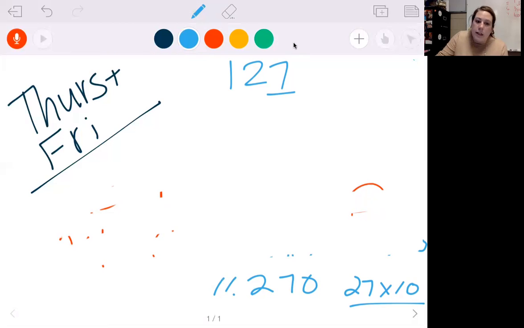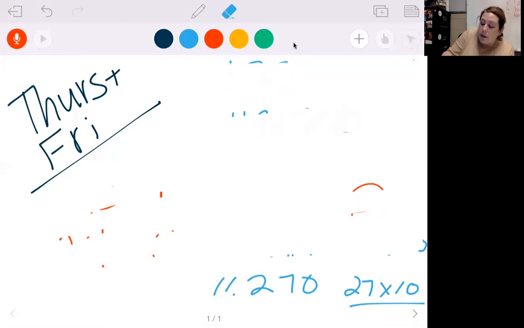It doesn't end in a 0 or a 5, so I can't do something times 5. Let's add it up. 1 plus 2 plus 7, 8, 9, 10. Can't do 3 or 9. But actually, that probably wasn't a good example because I don't think there is one. That might be a prime number.